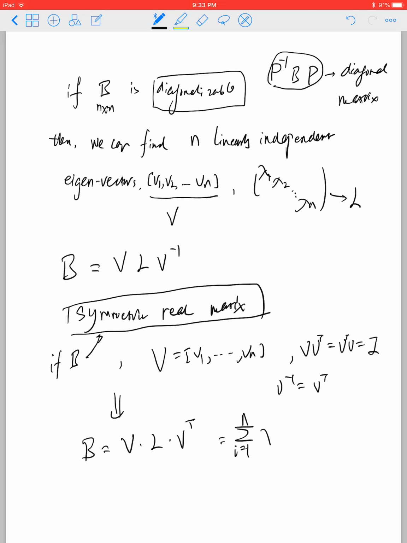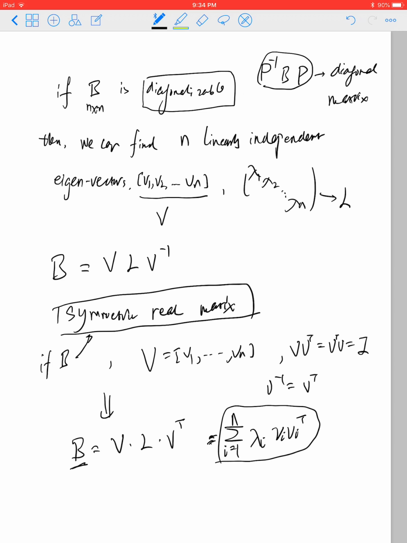So basically, if the matrix B is symmetric and real, then we can find n eigenvectors which are not only linearly independent but also orthogonal to each other.